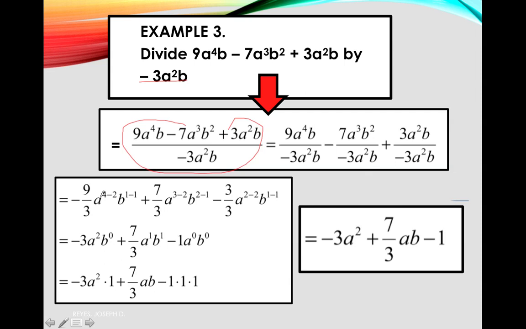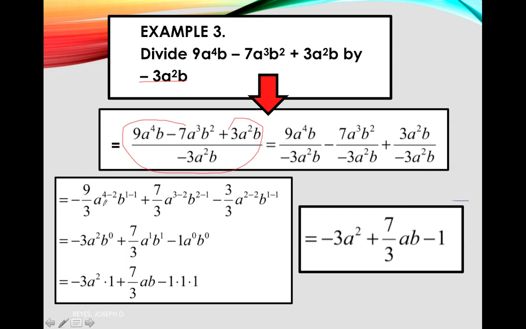So, we have 9 over negative 3, a to the 4 minus 2, b to the 1 minus 1, plus 7 over 3. Naging positive because they have the same sign. a to the 3 minus 2, b to the 2 minus 1, minus 3 over 3 kasi they don't have the same sign kaya naging negative. Then, a to the 2 minus 2 and b to the 1 minus 1.